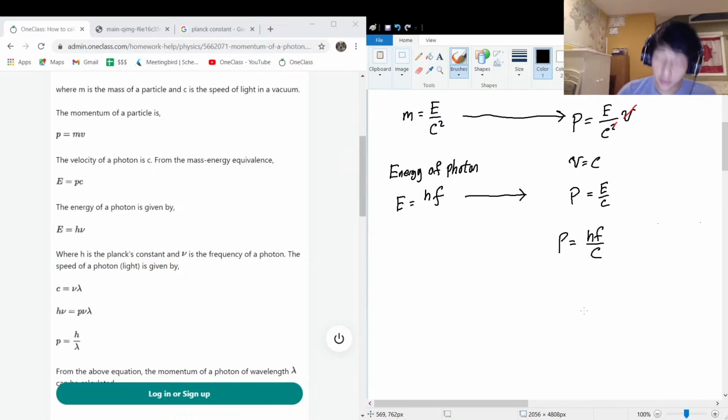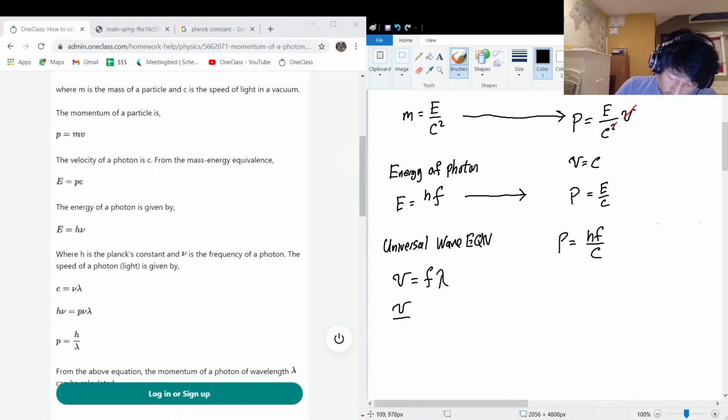And then we know from our universal wave equation that velocity is equal to frequency times wavelength. And if we wanted to get the frequency, because we're trying to sub out that f, it's going to be v over lambda is equal to f.